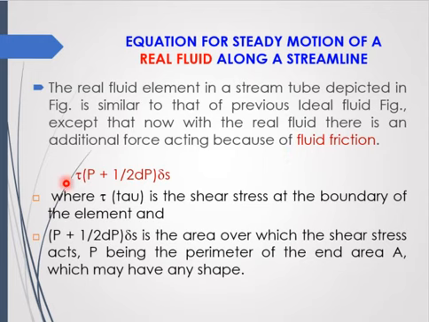This additional force is tau into P plus half dP into delta S, where tau is the shear stress at the boundary of the element, and P plus half dP into delta S is the area over which the shear stress acts, P being the perimeter of the end area A, which may have any shape. So this is a new force which we will consider while solving the equation for real fluid along a streamline.